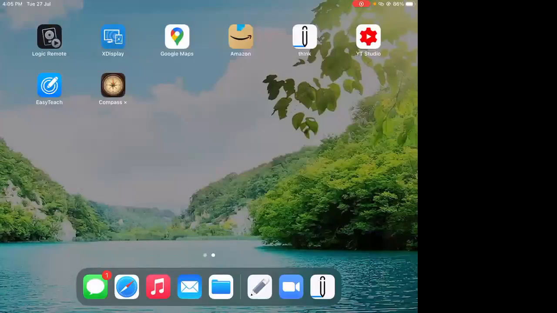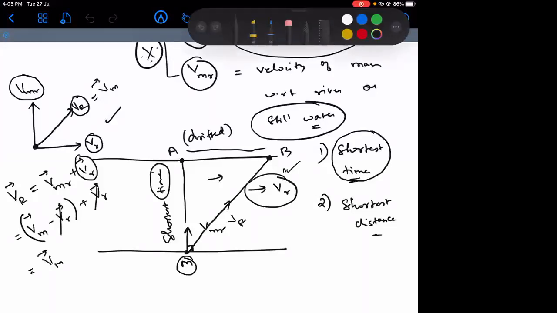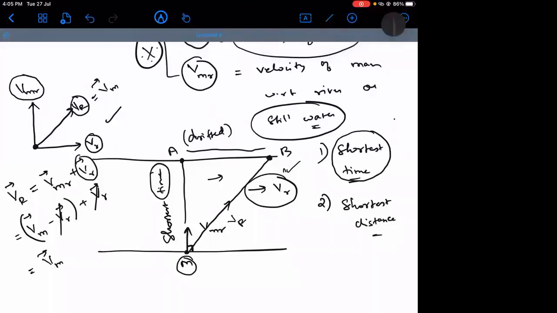Okay. So we were doing a problem based on shortest distance and this thing, right? Shortest distance and shortest time.